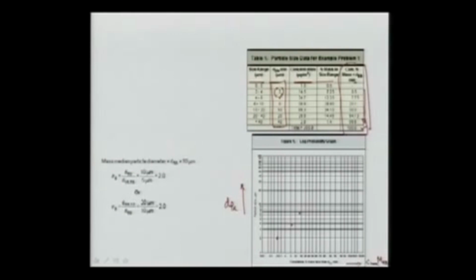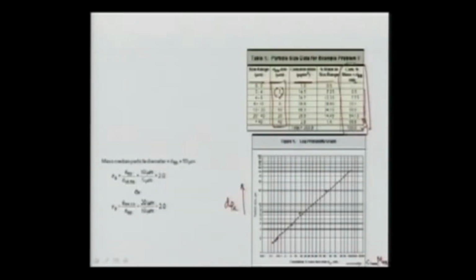And finally, let's plot the last condition: the diameter is 20, so we go to 20, and the mass is 84.13, so it comes here. When I join these points, I get a more or less straight line. So this is my log plot.